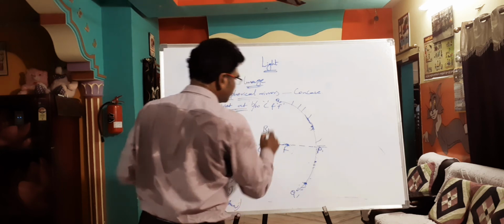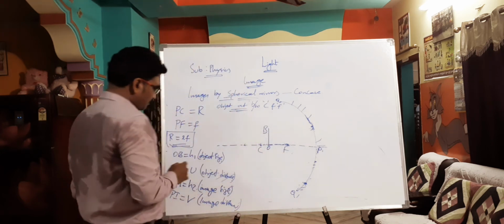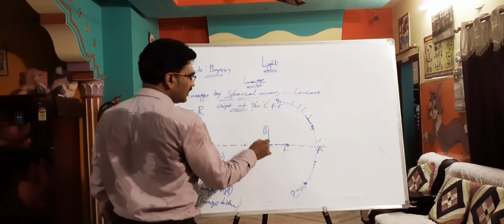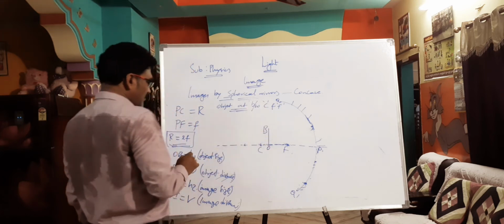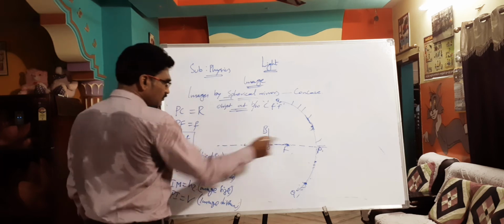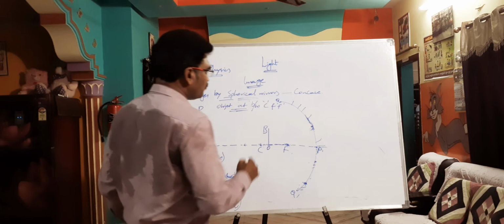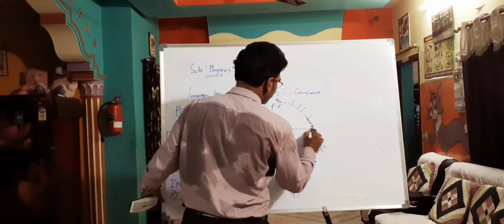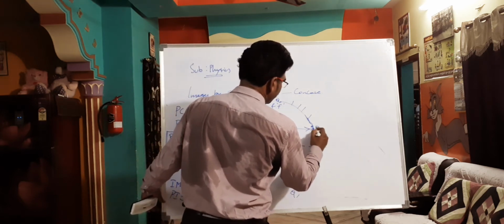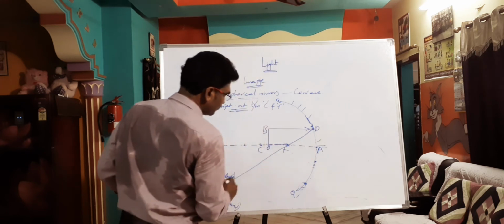Again OB is the object. What is PO? PO is object distance. And what is this length? OB is object size. Okay, this is P. And now how is the image formed? Again this is D. And again how will it reflect? It will reflect like this.